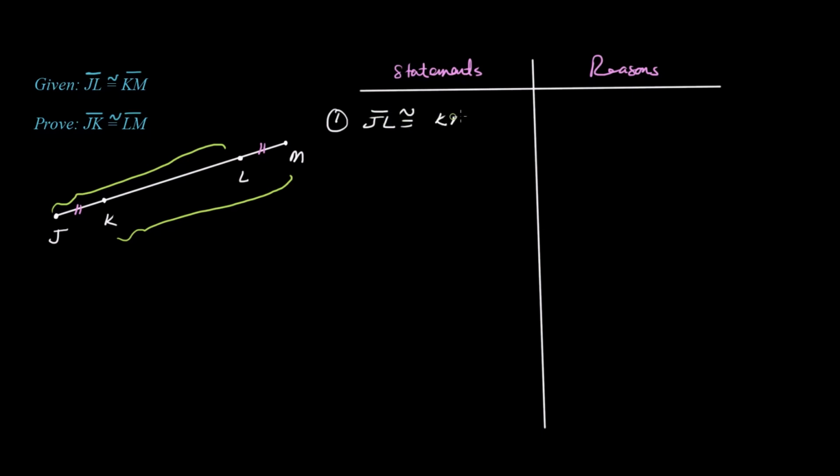Now, I hope you appreciate by now that when you're given these congruencies, we convert them into equalities. So this means that JL is equal to KM, because that's the definition of congruence.